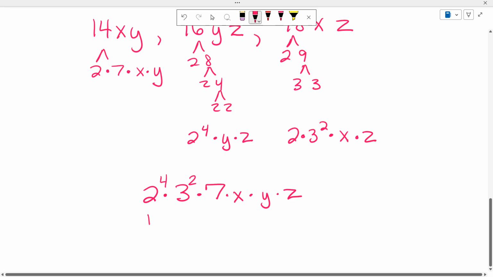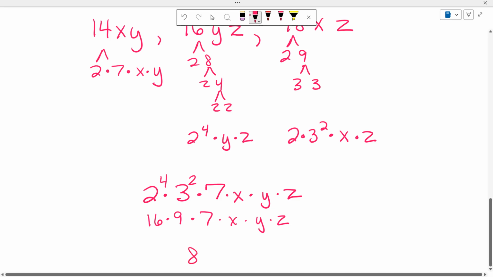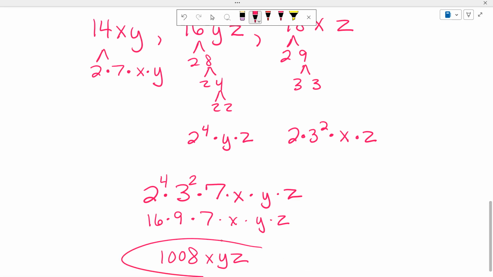So this is 16 times 9 times 7 times x times y times z. 16 times 9 is 144. 144 times 7 is a pretty big number. 1008. Okay, so it's 1008xyz.